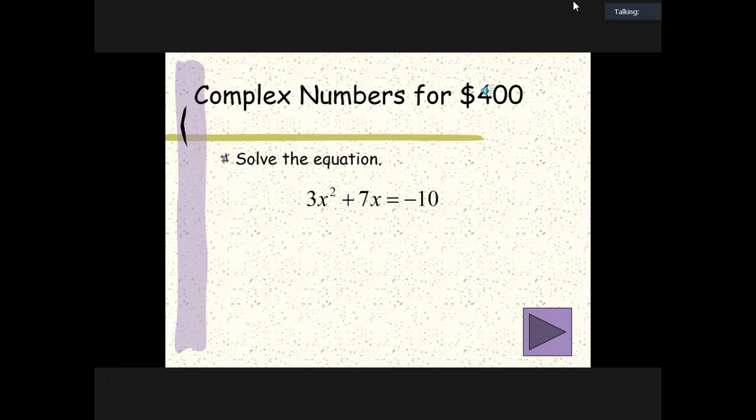What's the b value? 3x squared, that's the ax squared value. What's your b? 30. There you go, Ryan. No x's. There you go, Jordan.